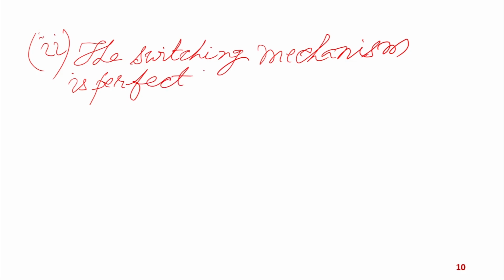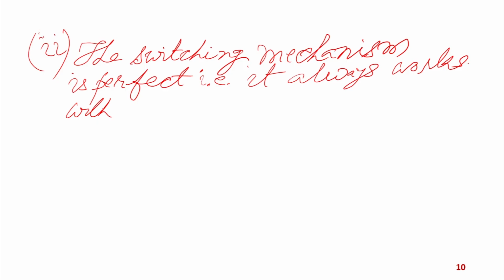Here we are considering that the probability function of the switch is equal to 1, meaning the failure is 0. Switching mechanism perfect. What does it mean? It always works without failure, meaning the reliability of the switch is equal to 1.